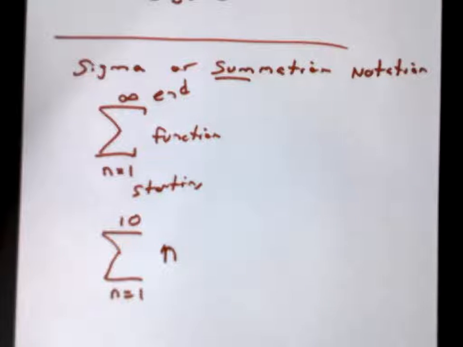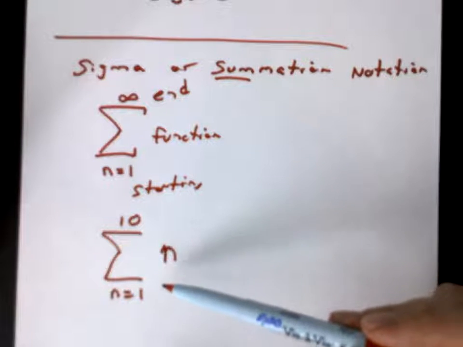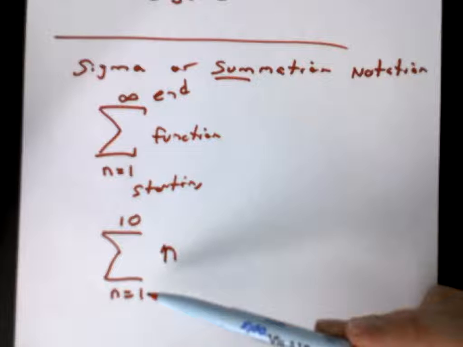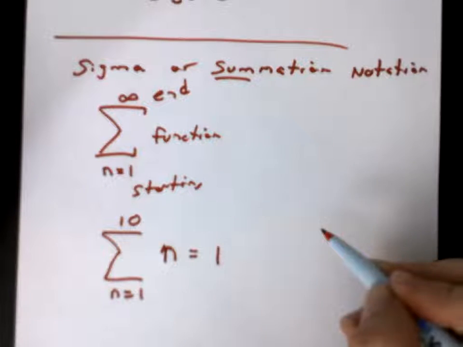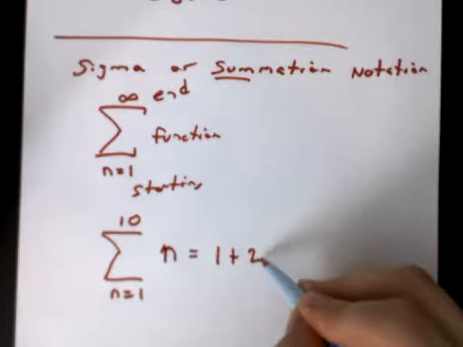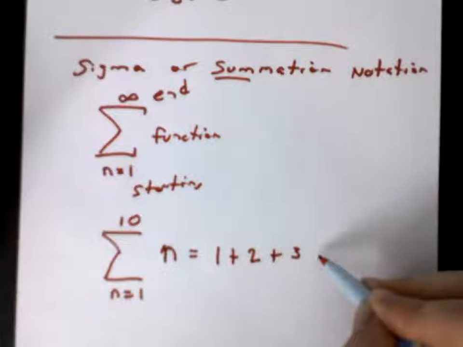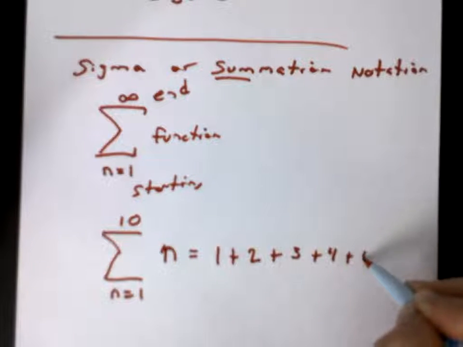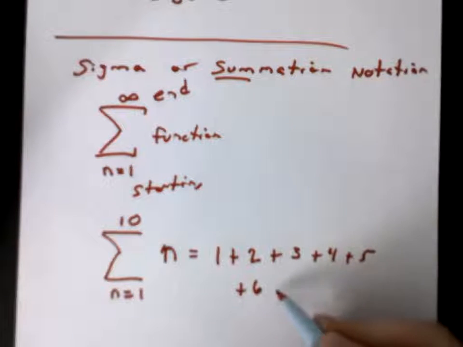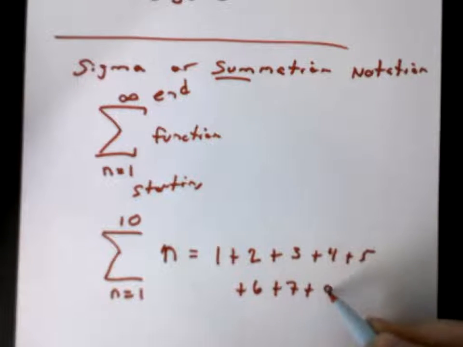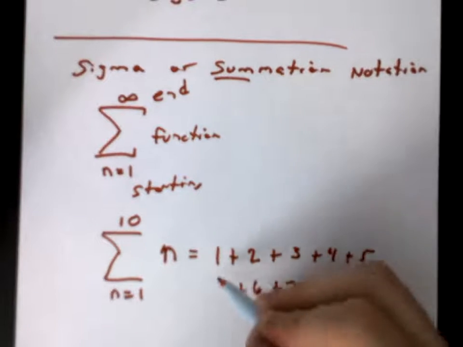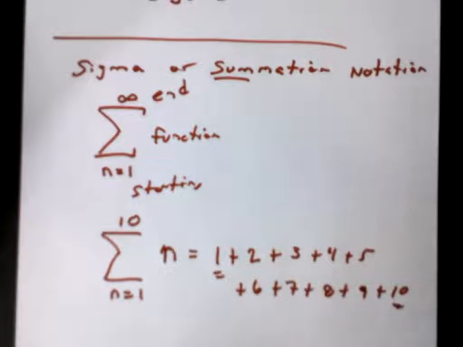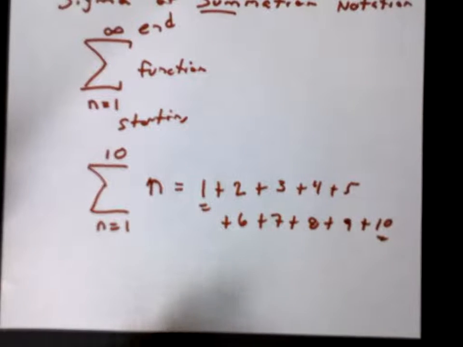Now we're saying that if we start at 1 and go to 10, this is equal to 1 plus 2 plus 3 plus 4 plus 5 plus 6 plus 7 plus 8 plus 9 plus 10. So here's our start, here's where we end, and you would have to sum all that up.